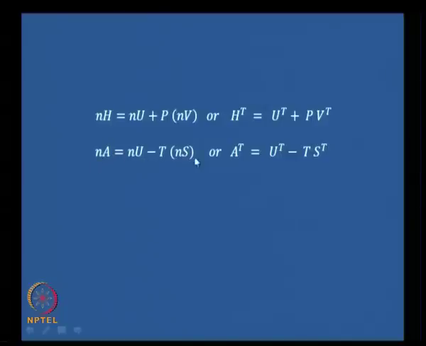Since we have represented nA as At and so on, At equals Ut minus T times St. T stands here separately because T is also an intrinsic variable which is not dependent on the amount of substance that is present, and nG equals nH minus T times nS, or Gt, the total Gibbs free energy of a system, equals total enthalpy of the system Ht minus T times the total entropy of the system St.